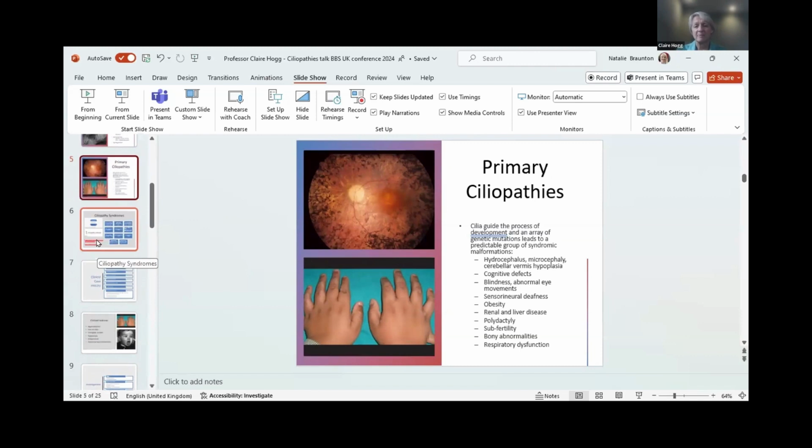Because we know that there is a little bit of an overlap between these non-motile and motile ciliopathies, we're now very interested in asking some of the questions such as, is there an issue with developmental delay? Are there any visual defects, any eye movement defects? We always have these patients have audiology, not just to look for middle ear disease, which is very common in primary ciliary dyskinesia, but also, is there a coexistent sensory neural deafness?